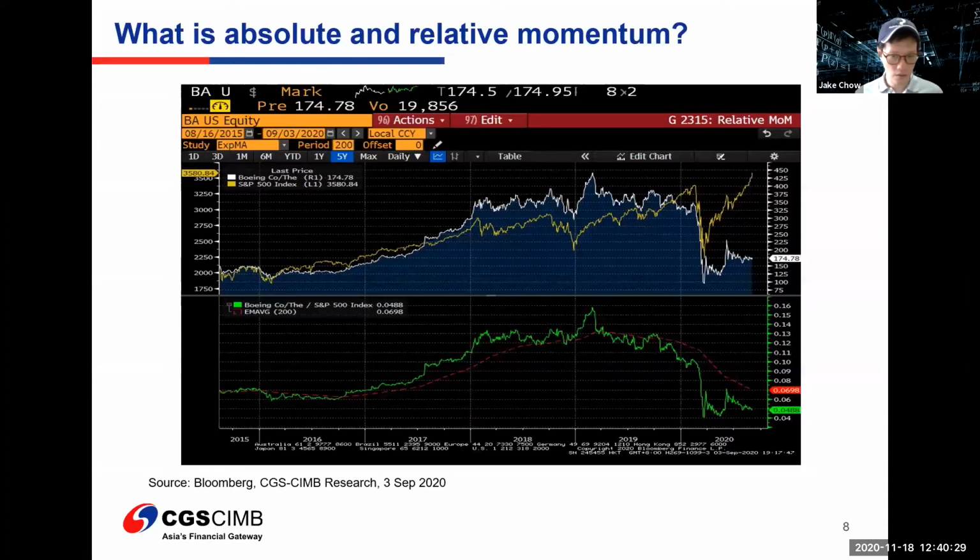In the lower half of the chart is the relative momentum of Boeing divided by the S&P, plotted in the green line, followed by a red dotted 200-day moving average. So you can visually see, as a trader, you should logically start to overweight Boeing since the middle of 2016 around here, turn neutral in mid-2019 around here, and turn negative in early 2020 around here, right?